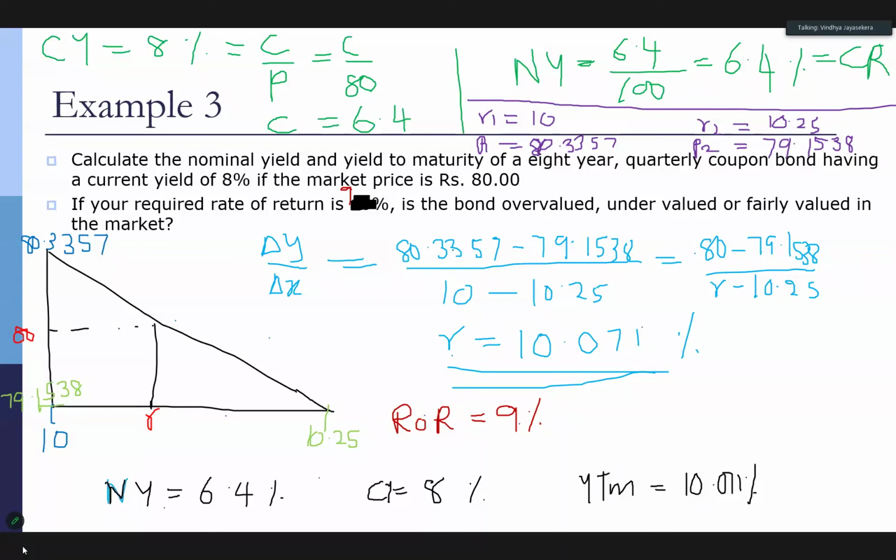So yield to maturity is the superior return measure that you will use to compare the return that you want. Remember, what is your required rate of return? It's the return that you want for the risk that you're taking. We spoke about this last time, right? When we did valuations, the return that you want for the risk that you're taking. What does yield to maturity tell you?